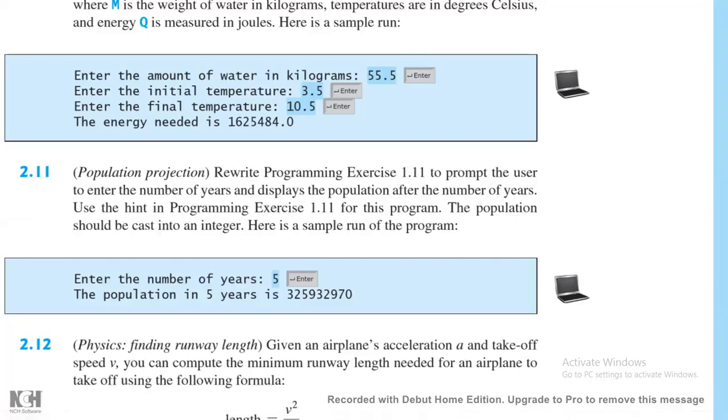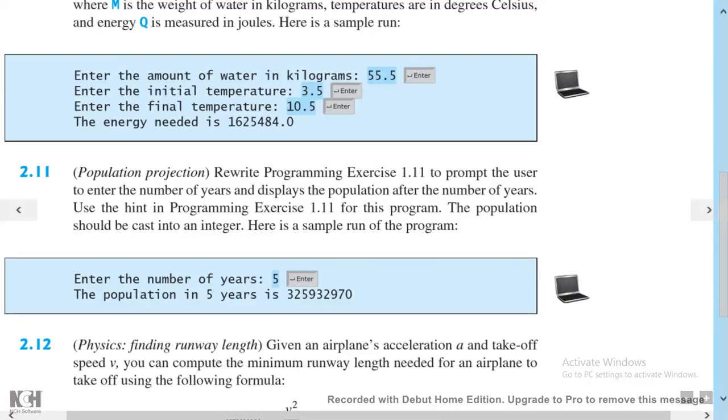We've got to rewrite programming exercise 1.11 to prompt the user to enter the number of years and display the population after that number of years. Use the hint in programming exercise 1.11 for this program. The population should be cast into an integer. So here is a sample run of the program.